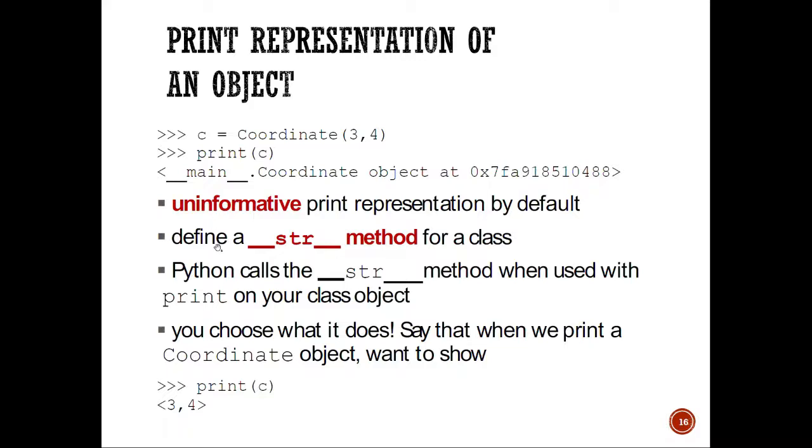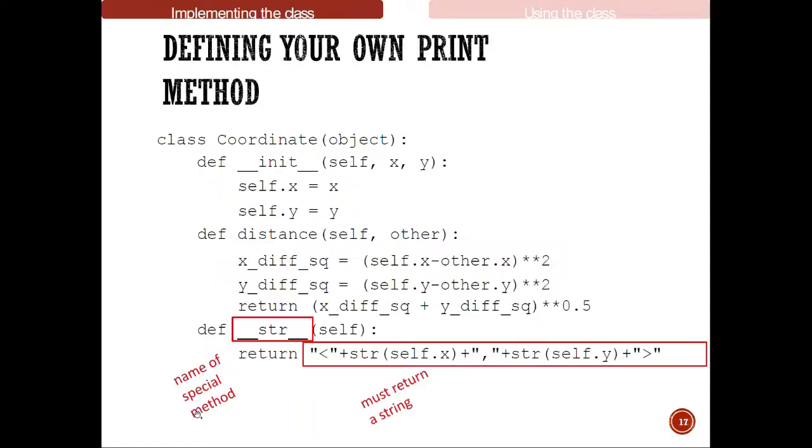So we need to define a new method, what we call the __str__ method for the class. This is the method that Python calls when we use print on the class object. So we can choose what it does. So for example, when we print a coordinate object, we want to show the actual x value and y value. To do so, this is how we do it.